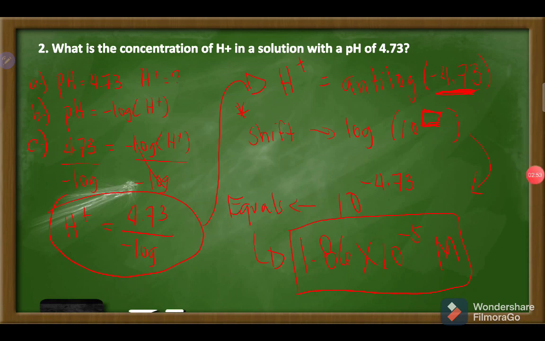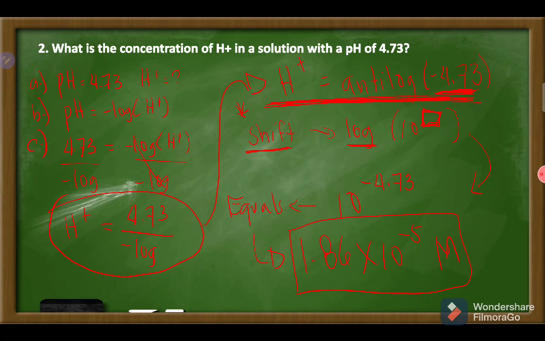So when you encounter similar types of problems that require you to divide the value of pH by the negative log, it will give us this formula, the antilog of the pH. If you're going to input that in your calculator, press shift and then log. It will present on your screen 10, then a box.